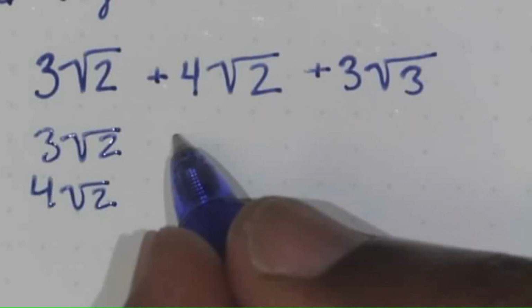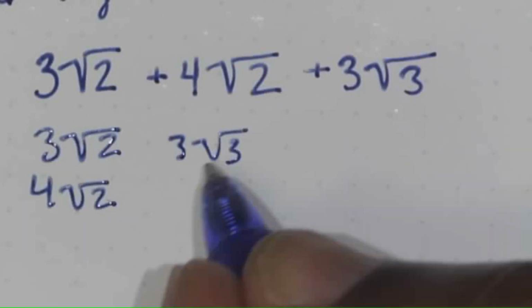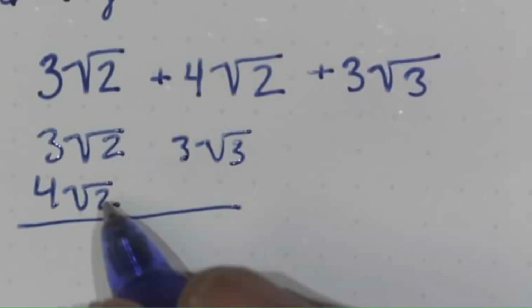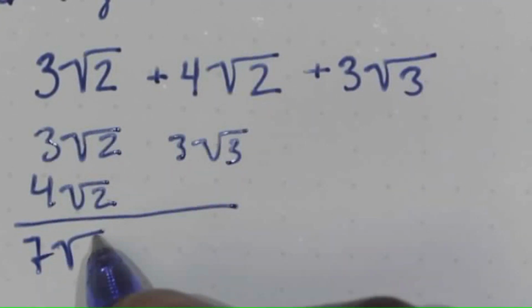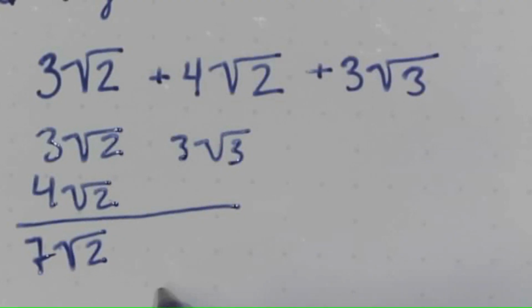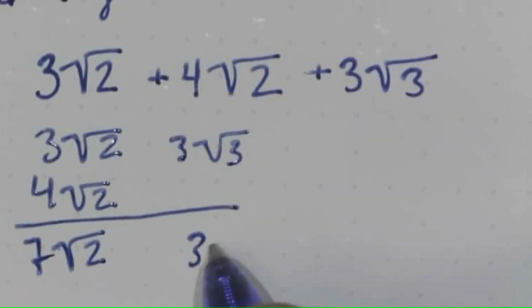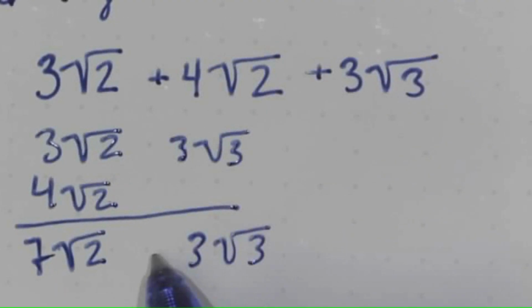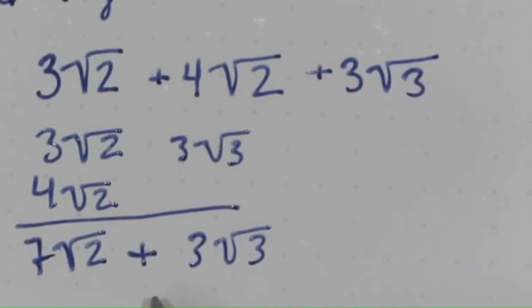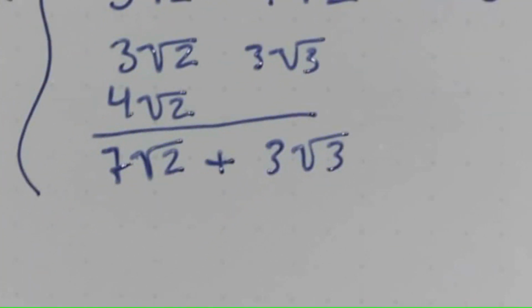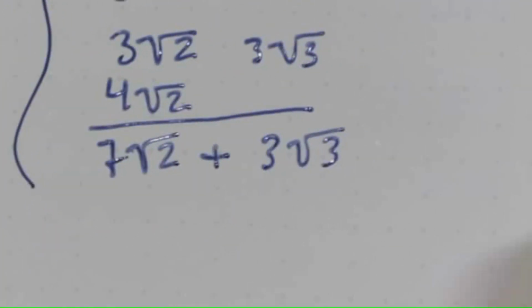And this one is just going to come along because it doesn't have a like term. Underline means combine. 3 plus 4 is what? 7, and bring down your radical. Then you bring this down, 3 square root of 3. And because it's positive, what operation? Addition. Same problem.